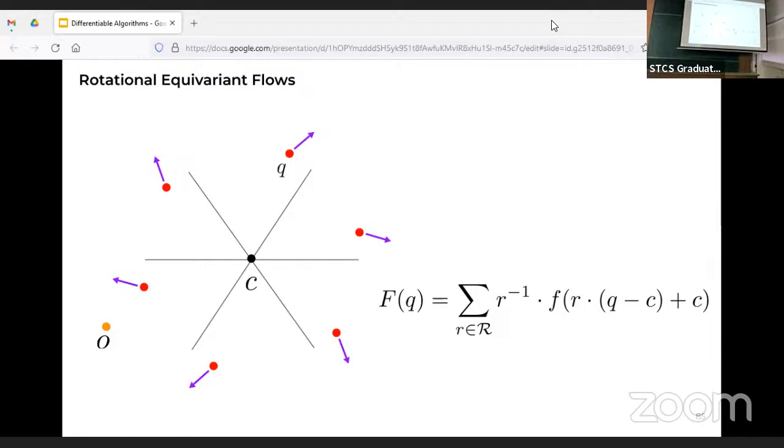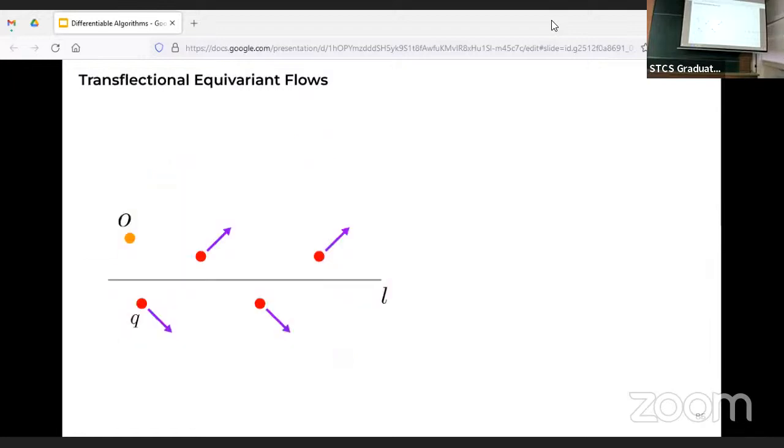We do this summation for all rotations. This ensures that if we take this capital F to be the final flow, then these 6 points satisfy the rotational equivalence property. So it is a proper final flow.